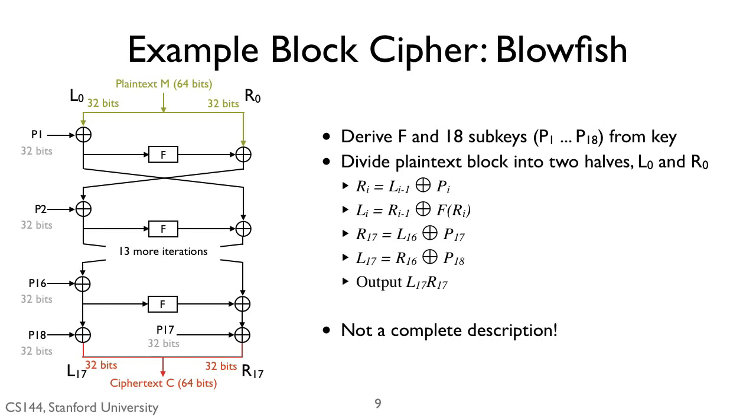You XOR the left half with the key P. You pass this value through the function f and XOR that with the right half value. The right half value becomes the left half value, and vice versa. Then, in the final step, you XOR the left half value with P18 and the right half value with P17. This produces two 32-bit values which you can concatenate into the ciphertext c.